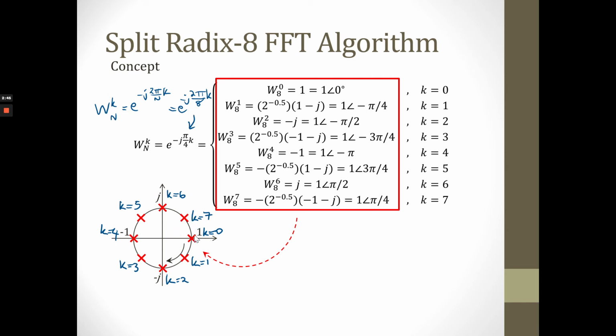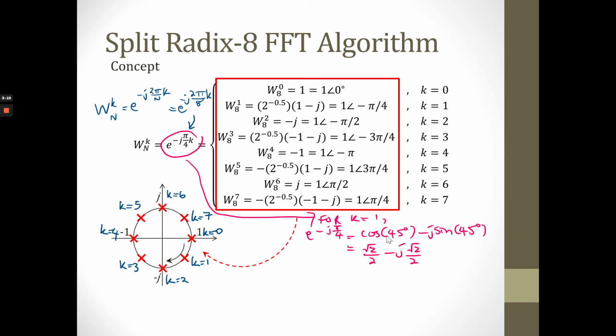Positive 45 from here. So when we use this exponential function, it is actually equal to cos omega k minus j sine omega k. Let's say we calculate for k equal to 1. So we have the exponential of negative j pi over 4 for k equal to 1.